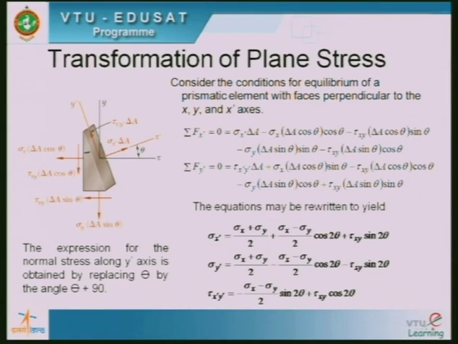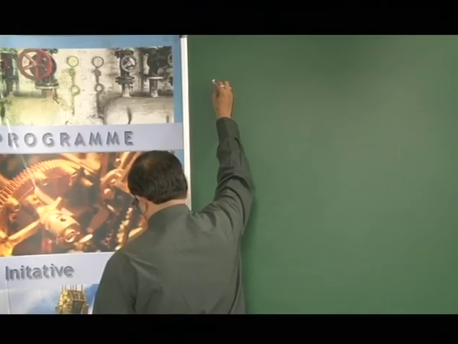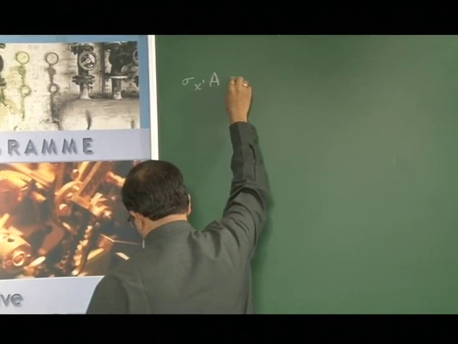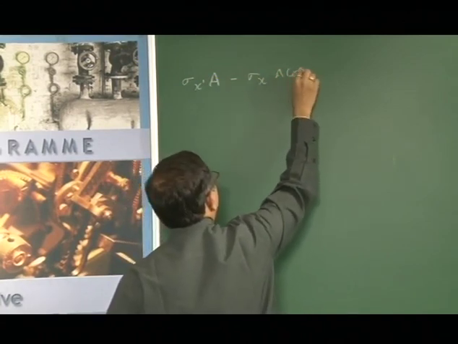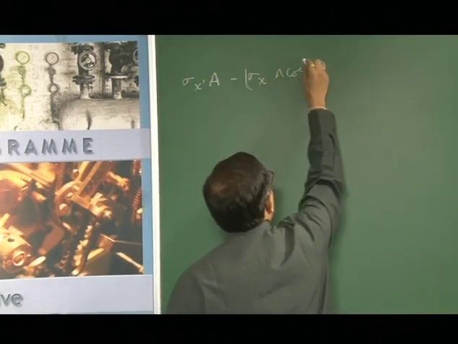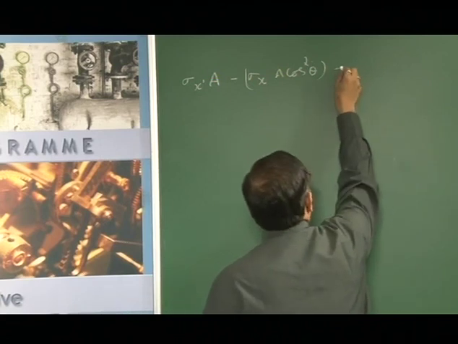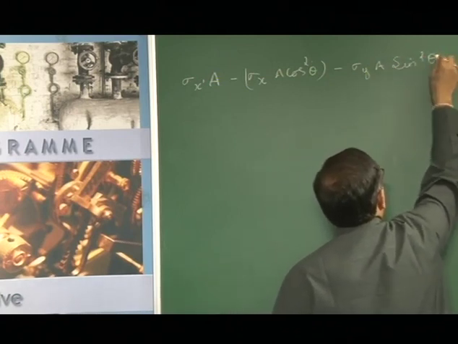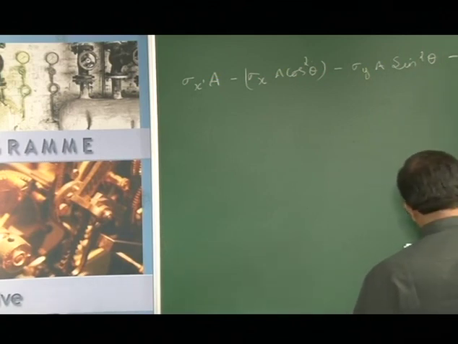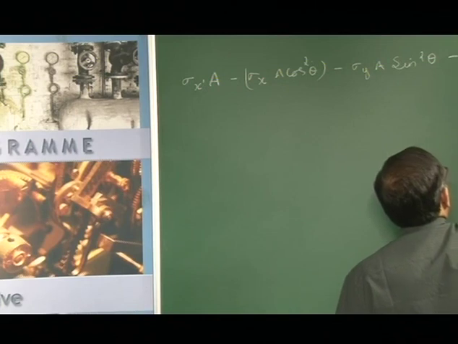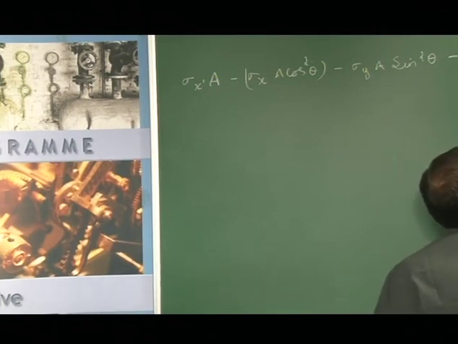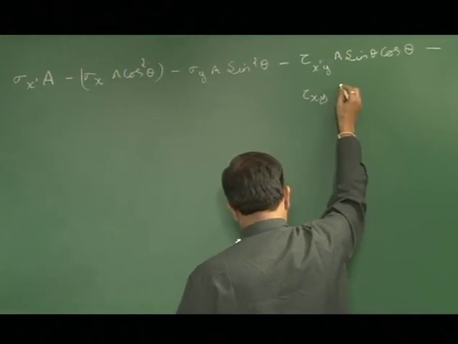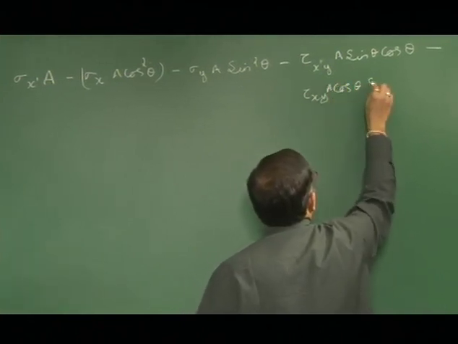So the equation that we have got here is sigma x dash into A or delta A, minus sigma x A cos theta into cos theta, which we will get as cos square theta, minus sigma y A sin square theta, minus tau x dash y dash, sorry, tau xy A sin theta into cos theta, minus tau xy A cos theta sin theta.